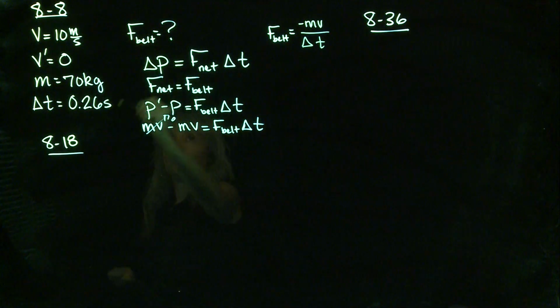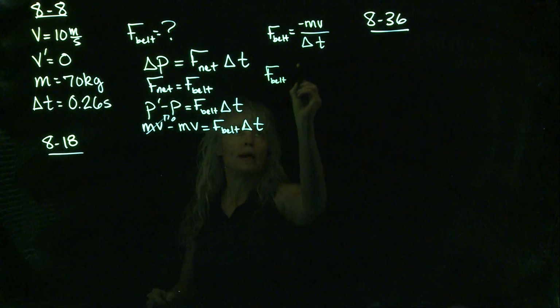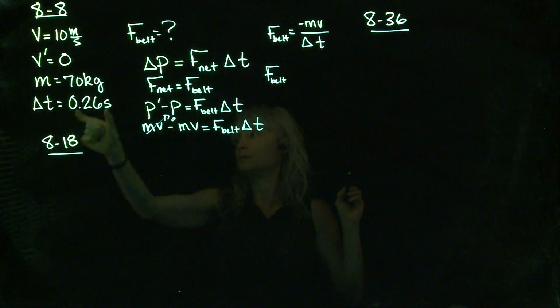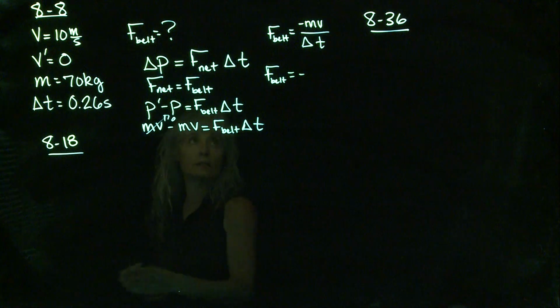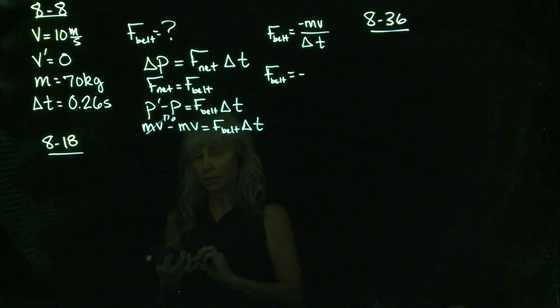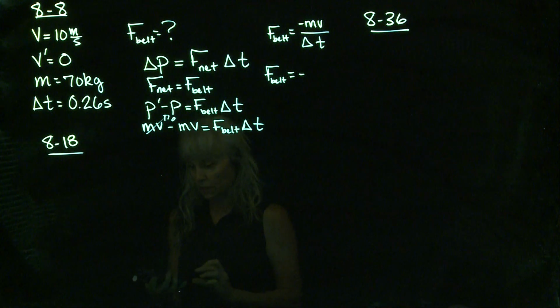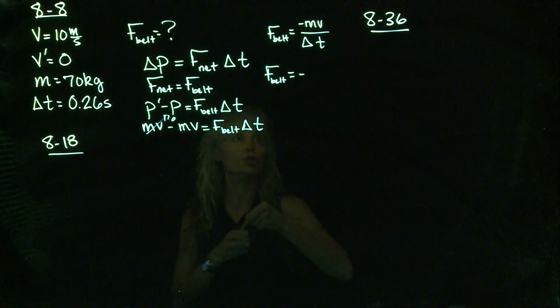And all of those quantities are over here, and I'm running out of room, so I'm not going to rewrite them. Imagine just moving mass in here and moving the velocity in here and moving your delta t in here. And when you plug all of those things in, let's see what you get here. So you're going to have 70 kilograms times the initial velocity, and then divided by the time that that force is being exerted, you're going to see a force of 2,700 newtons.